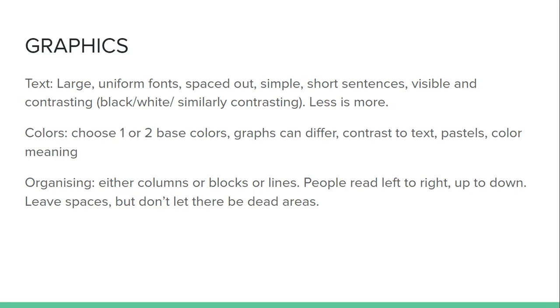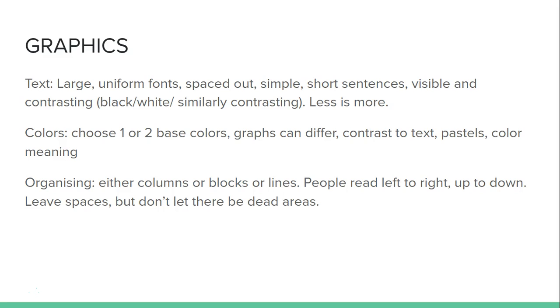But don't have the entire rainbow on your poster unless you're talking about gay rights. So choose the base colors and you can work with them, like having a scale of colors.